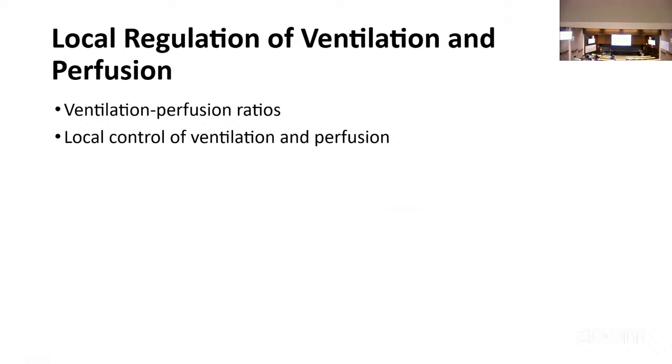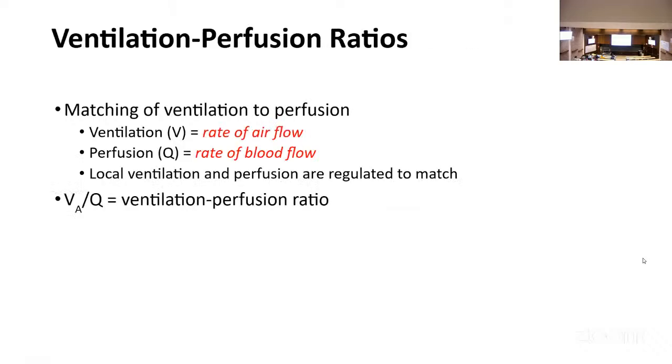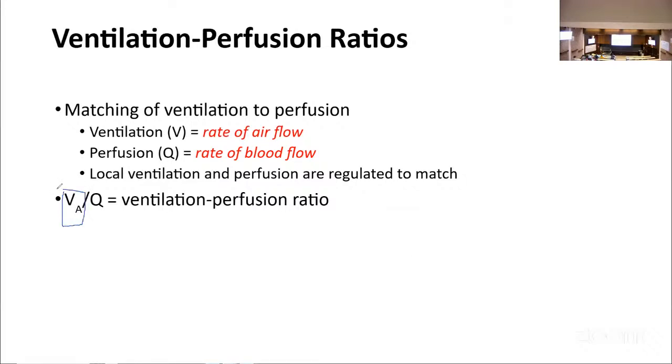So this is going to be under local control. Both the ventilation part and the perfusion part, the blood piece, are going to be responding to local signals. Okay. So we have a ratio here, our ventilation perfusion ratio, which is literally just a ratio of ventilation on top, the rate of airflow, over Q, the rate of blood flow.